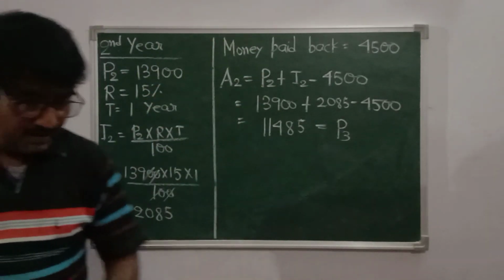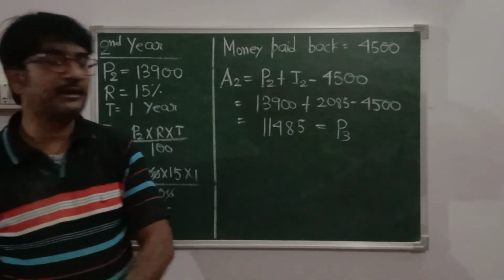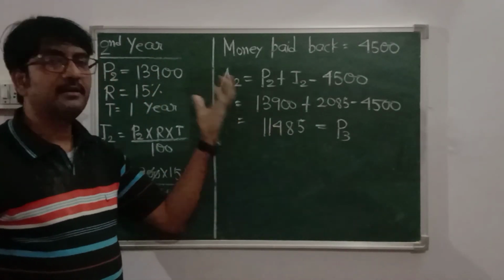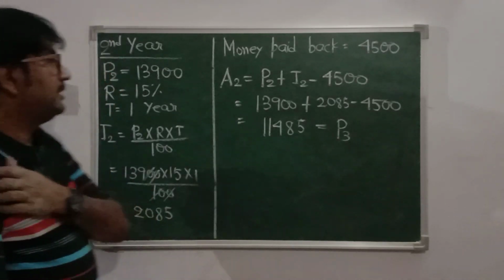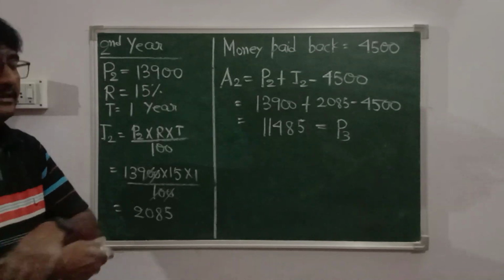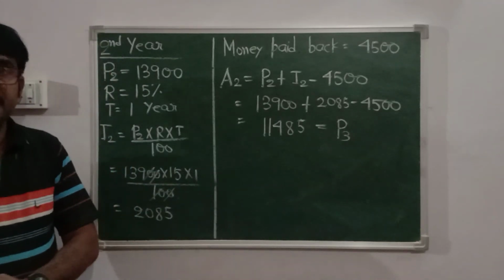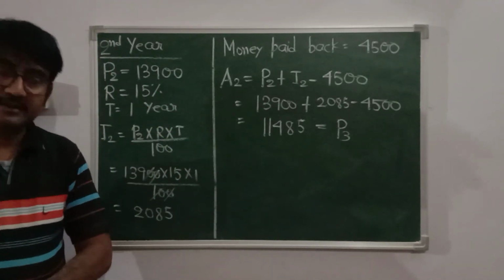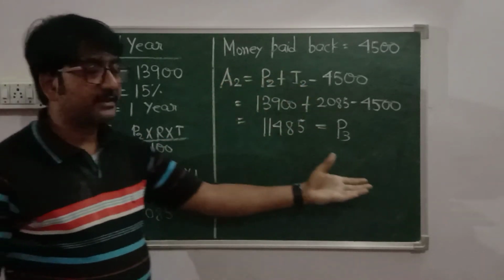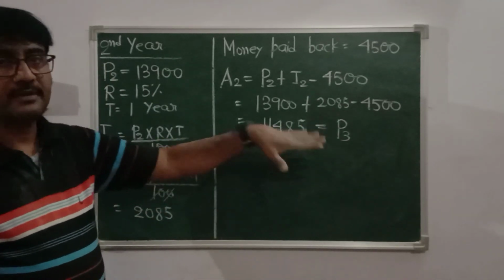So the question is, how much loan is outstanding against him at the beginning of the third year? At the beginning of the third year, the amount of loan outstanding is P3, that is 11485. So this is one of the very important questions where you have to repay the money. That means you have to deduct that money from the amount of every year, because he is paying 4,500 every year. So 4,500 is subtracted from the amount for the first year, and again from the second year, and finally whatever is outstanding is 11485.